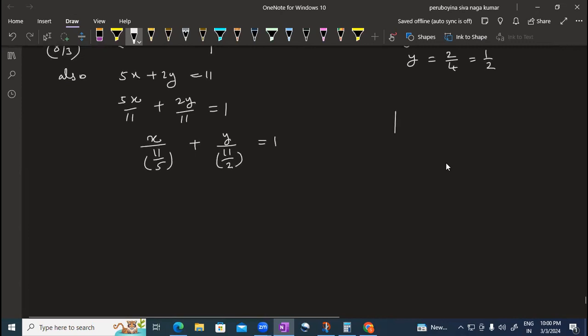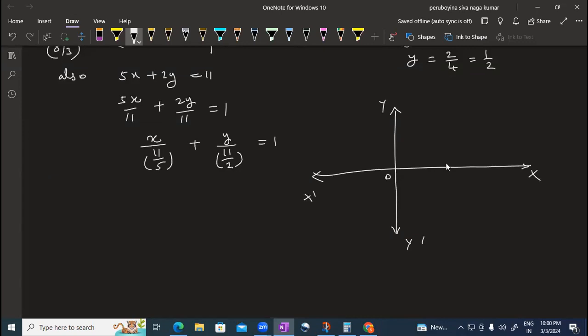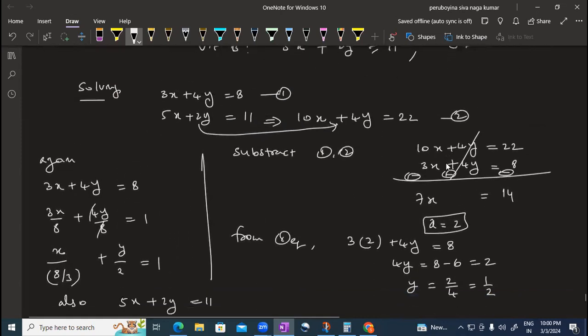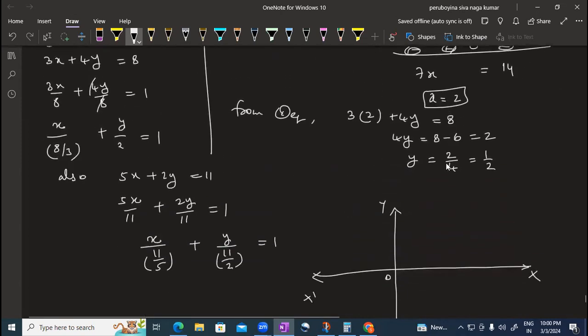So create a graph for these constraints. Say x-axis and y-axis; roughly you can draw, no problem. This is y dash, x dash, and this is 0. Don't forget to make arrows. According to the first equation, the x-intercept is 8 by 3, approximately 2.6, so mark it here.